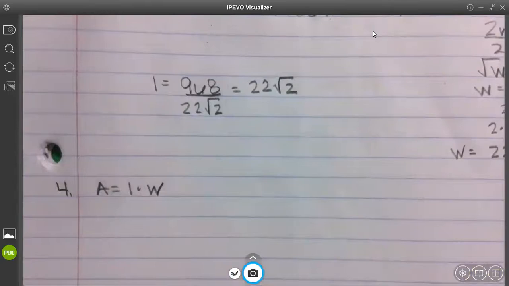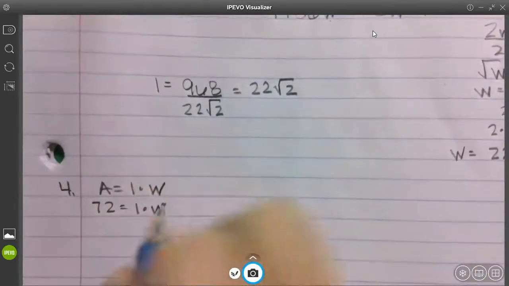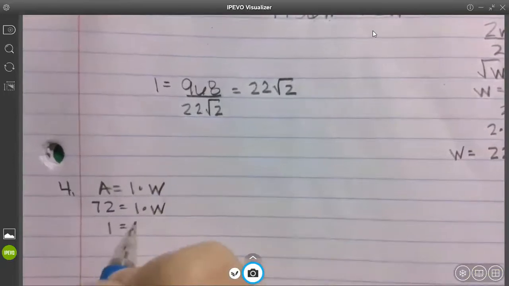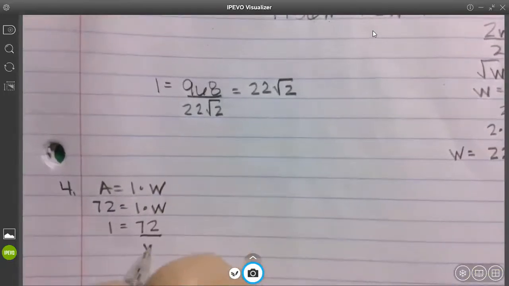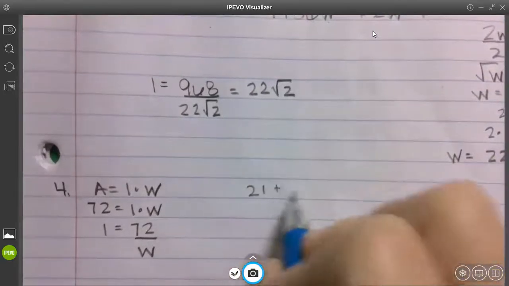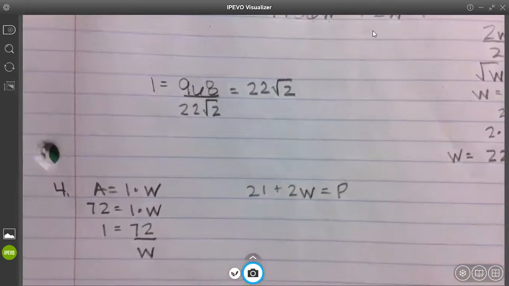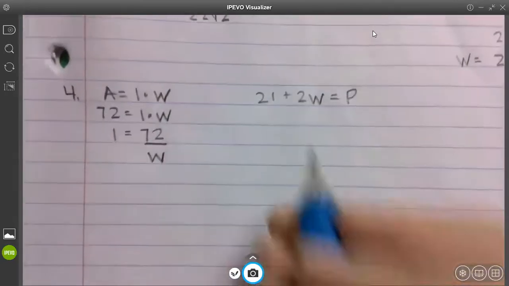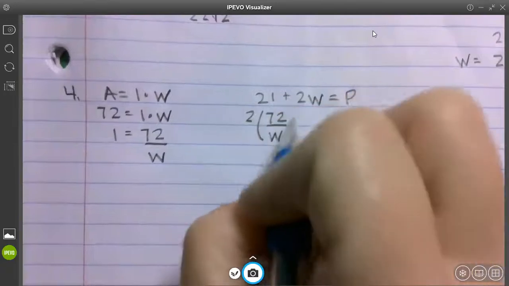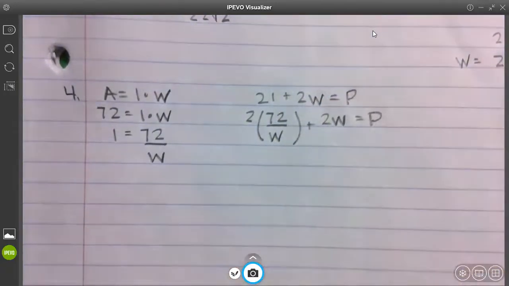So our area was 72. And then I did solve for L again and got 72 over W. Perimeter for a rectangle is 2 length plus 2 width equals your perimeter. We're going to trade out L for 72 over W. And then we're going to simplify this.